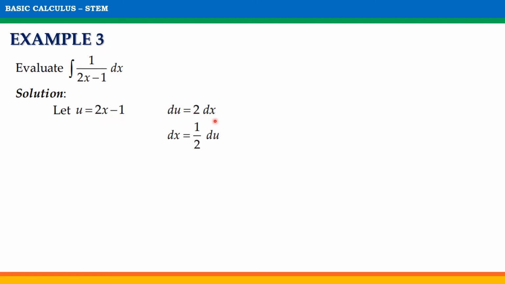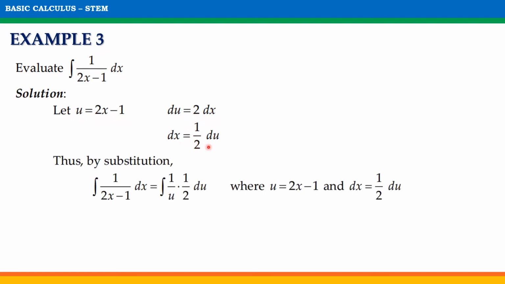Thus, to solve for dx, we will be dividing both sides by 2, getting dx is equal to 1/2 du. Therefore, by substitution, our given will be expressed as the indefinite integral of 1 over u times 1/2 du. Notice that we have replaced 2x minus 1 by u since u is equal to 2x minus 1, and dx by 1/2 du since dx is equal to 1/2 du.